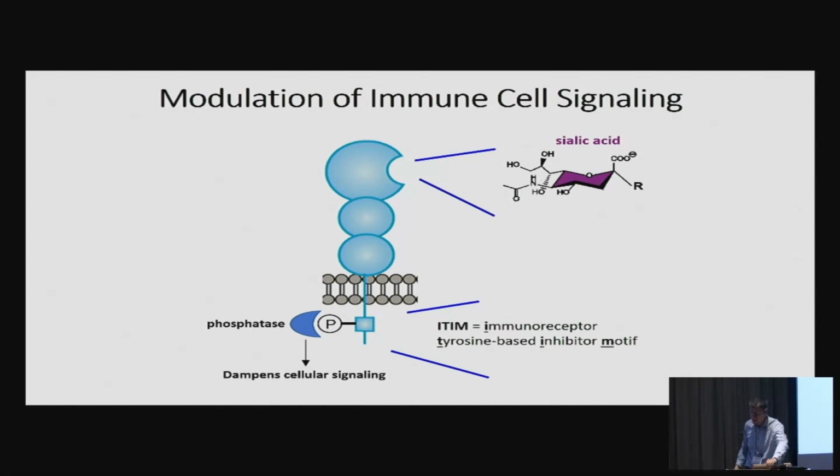But when it does get phosphorylated, that's going to create a docking site for a series of phosphatases that recognize that phosphorylated ITIM. It's going to recruit a phosphatase, and that phosphatase is going to be specialized at dephosphorylating other signaling components. So in very simple terms, this is basically going to dampen other signaling pathways. It's like a brake on the immune system.